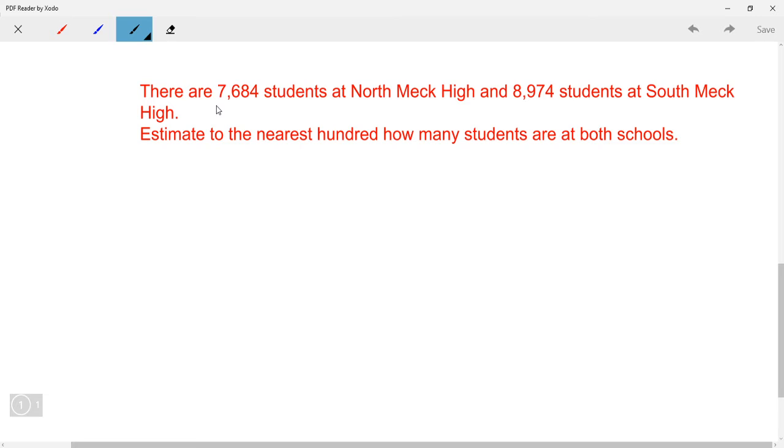So, it says that we need to estimate to the nearest 100 how many students are at both schools. So we're just going to be adding these, but we need to estimate to the nearest 100. So we have 7,684. Okay? And if we're estimating to the nearest 100, the first thing we do is we find the place value that we're estimating to.